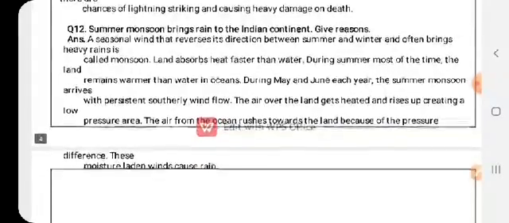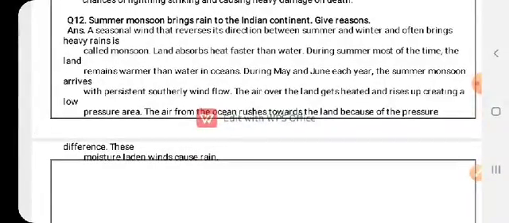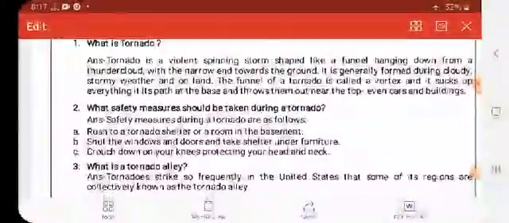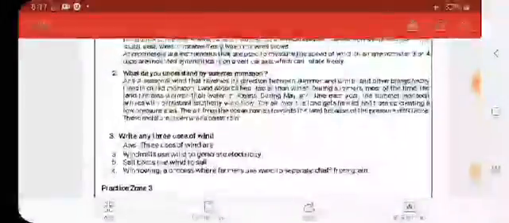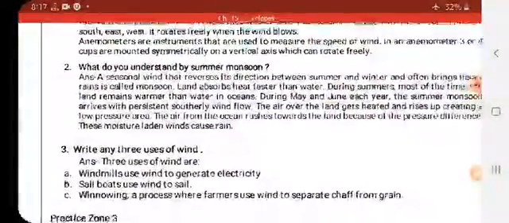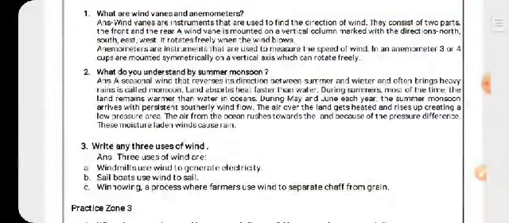Next is, summer monsoons bring rain to the Indian continent. Give reasons. This question is related to something we have already discussed in the practice zones, that is, what do you understand by monsoon, summer monsoon? Exactly the same answer it is. So this you can do from here.